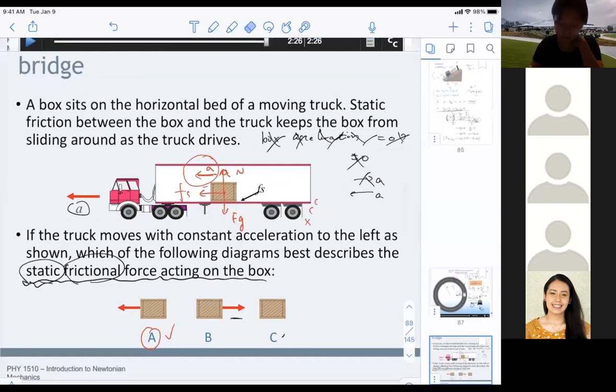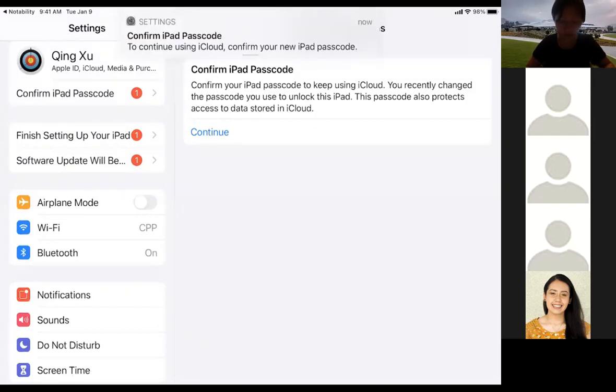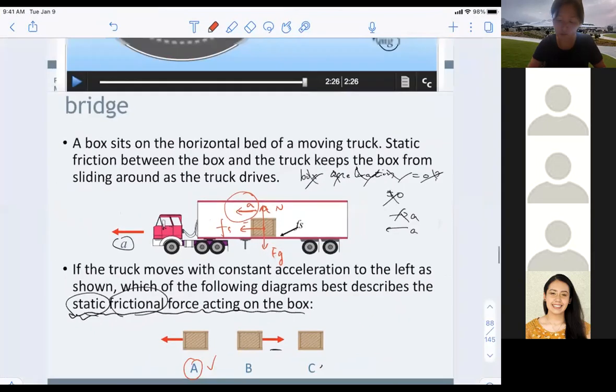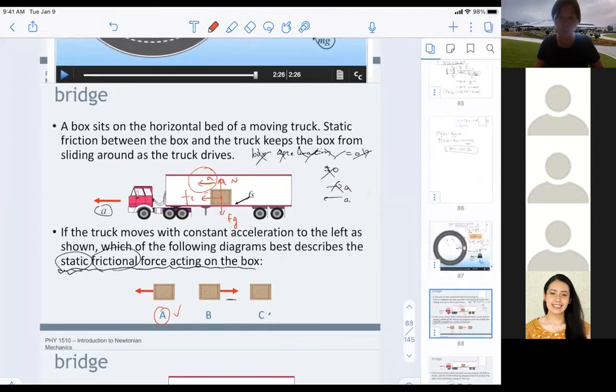Okay, so if they weren't balanced, then that would change the static friction, correct? Oh, you mean if the vertical direction is not balanced? Yeah, so for instance, if there was a force in the y direction, because in this case there's no motion going on in the y direction, then it would change the static friction, correct?